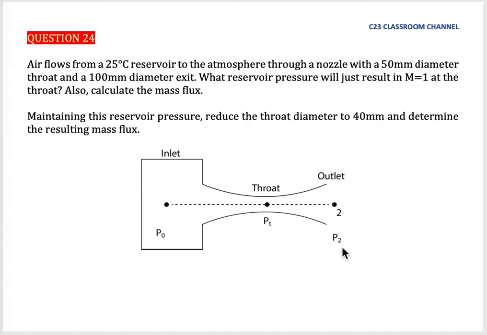So we could assume that P2 is equal to the atmospheric pressure. And in compressible flow, it is important for us to calculate all in absolute pressure. So that means the atmospheric pressure will be assumed as 101 kilopascal.